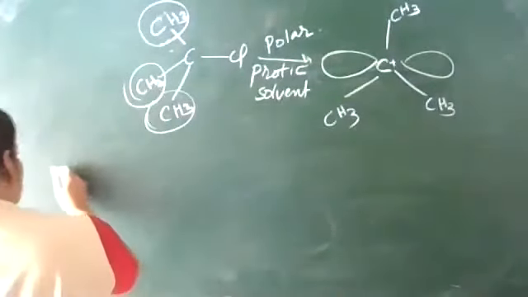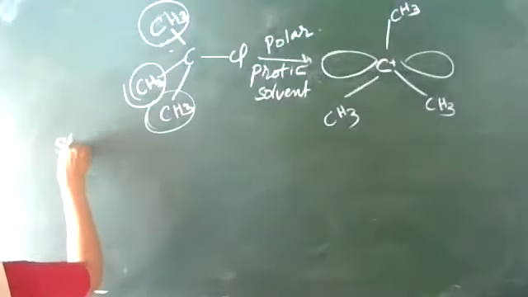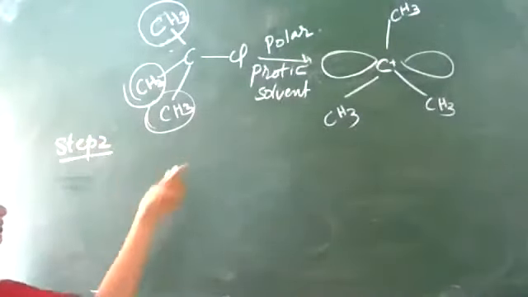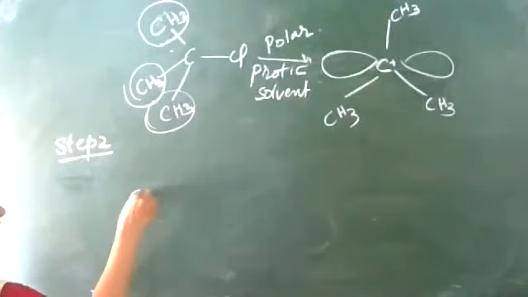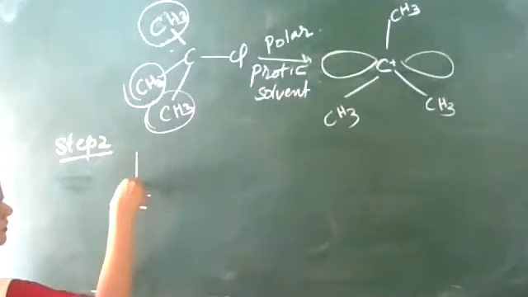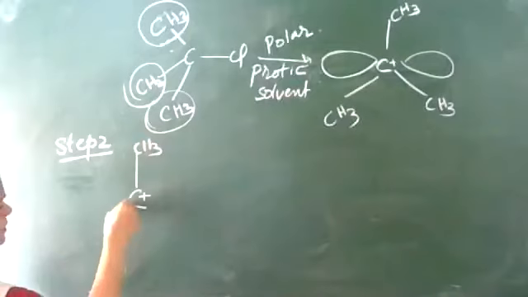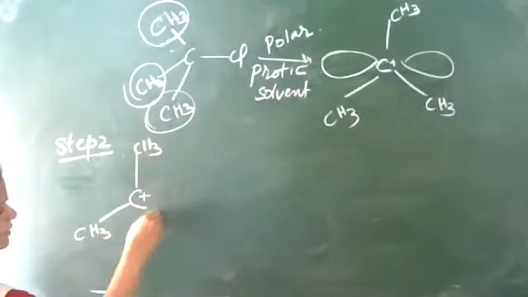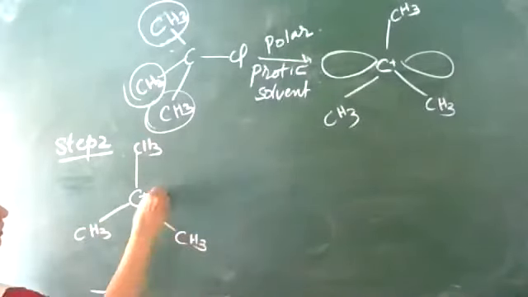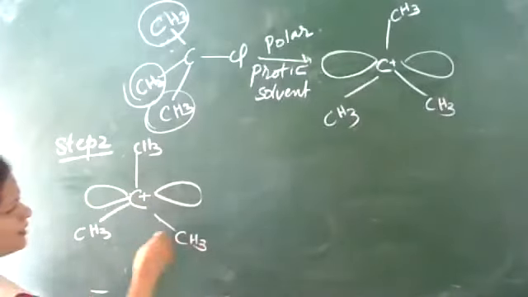Step 1 starting from where? That is C. I am writing the same thing, C plus, CH3, CH3, CH3. Take the p orbital.